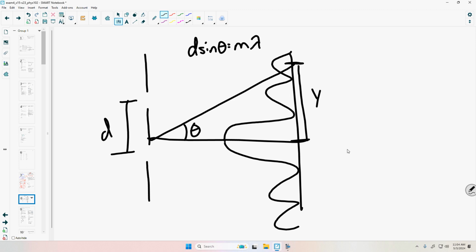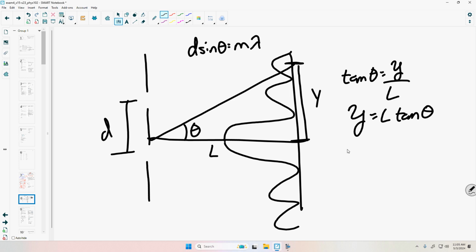That was our first step, to calculate that angle theta. This is a distance L. Since tan theta is y over L, I can calculate y. That's where that comes from. That equation is on your equation sheet, but you do need to know how to use it. What is y, what is L, how to find theta. Does that help?